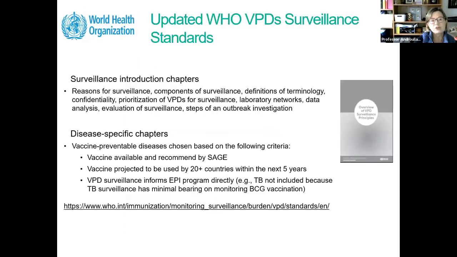There's a chapter on diphtheria. It gives you the reasons for surveillance and, very importantly, the evaluation and also steps of an outbreak investigation. So there are disease-specific chapters. The web link is at the bottom of the slide.